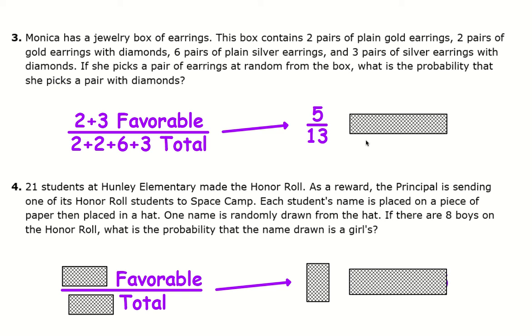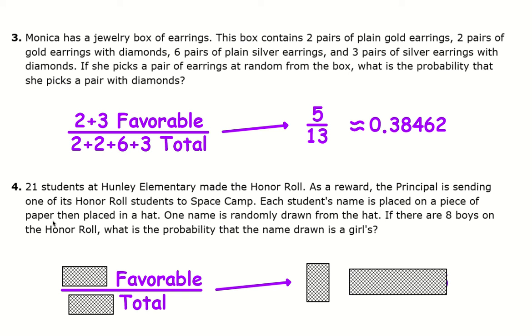So if she just picks a pair at random, looks like she has a 5 out of 13 chance of getting that, and of course that can be made into a decimal. Nothing crazy, just a lot of words that you might need to read carefully to make sure you're coming up with the correct fraction. I think you understand the whole concept, but there's a lot of reusing of the words here that might confuse you.